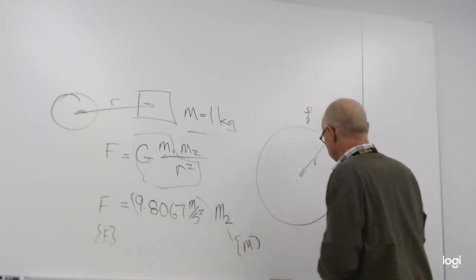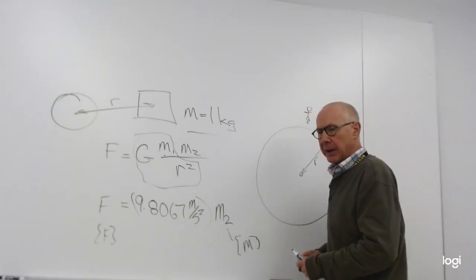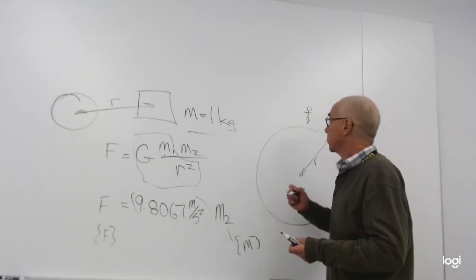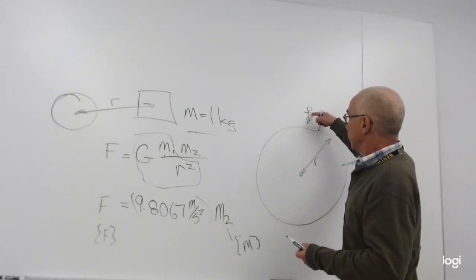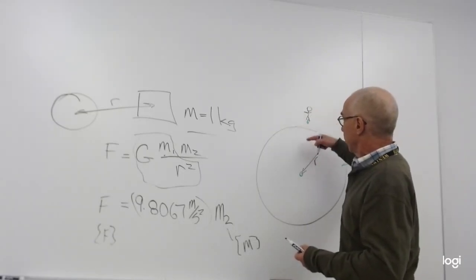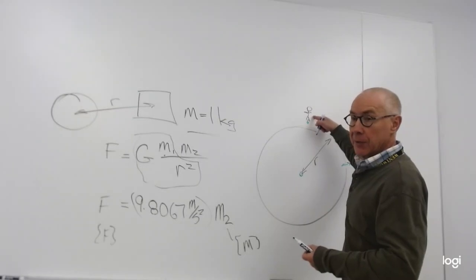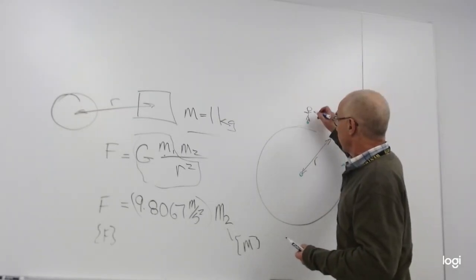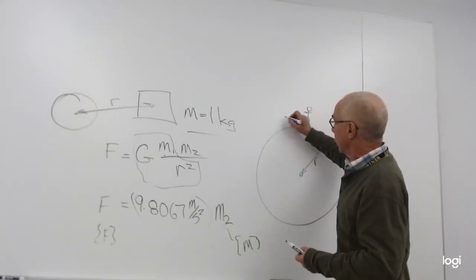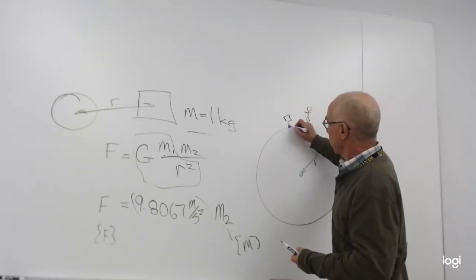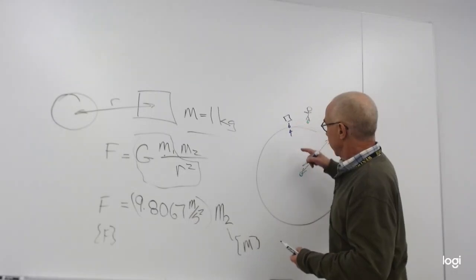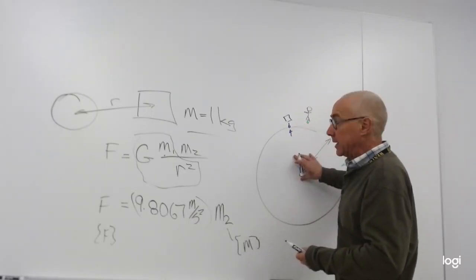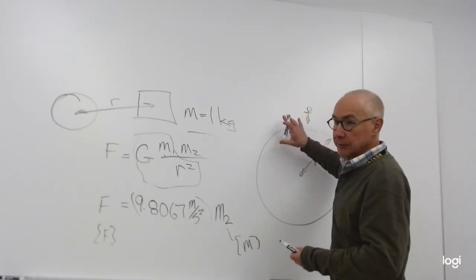Keep in mind, and we'll talk about this when we discuss Newton's laws of motion, the Earth is applying a downward force, towards the center, on the person sitting here. However, this person or the object, if I put a box here, is in fact creating a force on the planet towards that object.